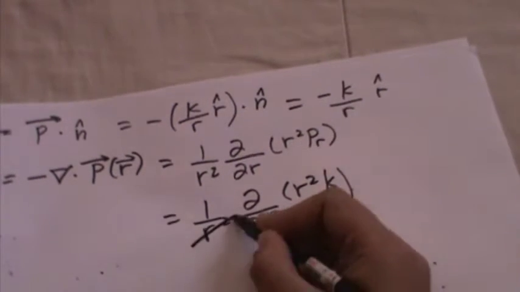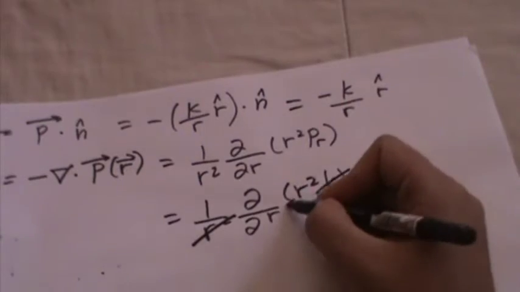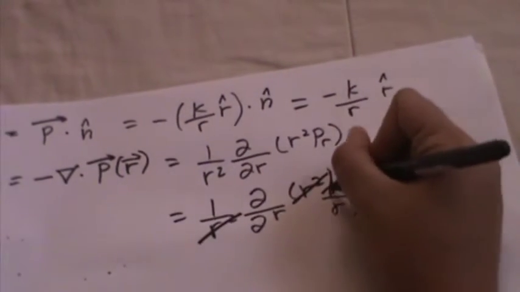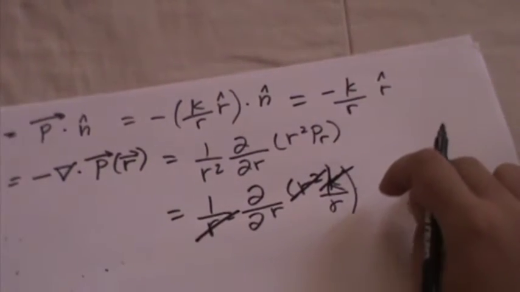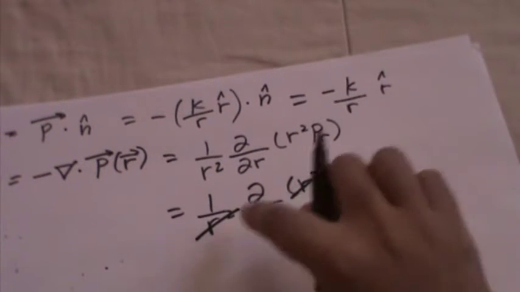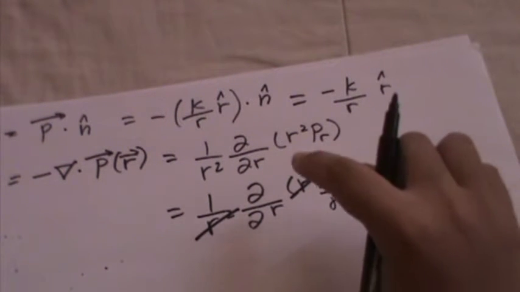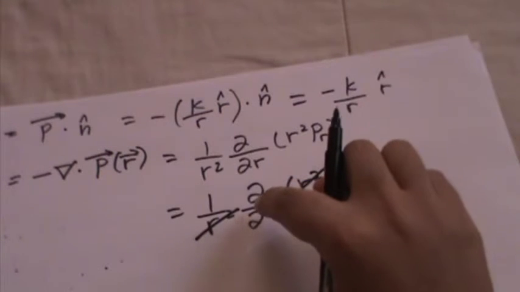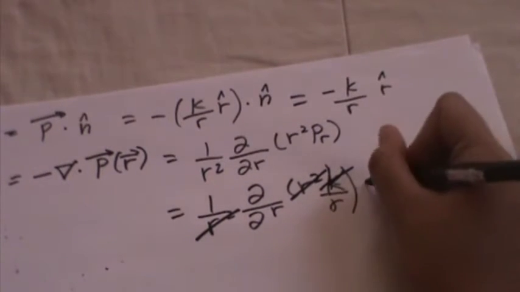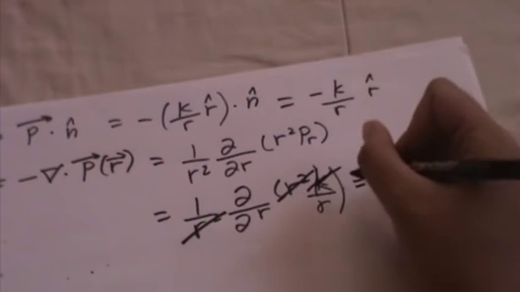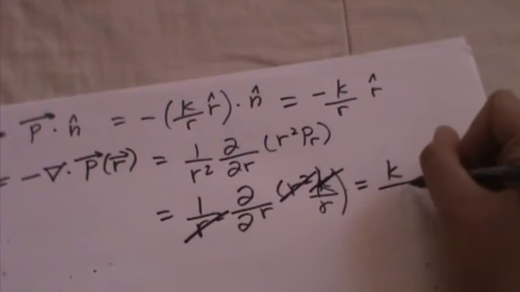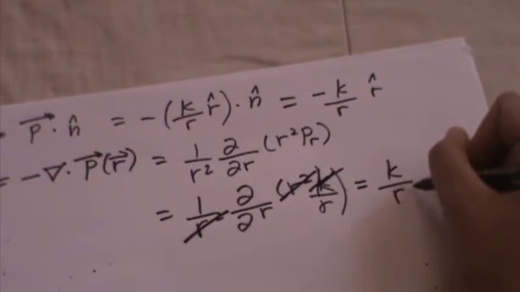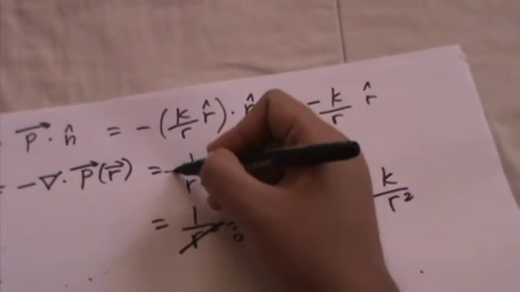So r squared cancels, and if we take the partial derivative, we get k over r squared. We have a negative sign here, so let's not omit the negative sign.